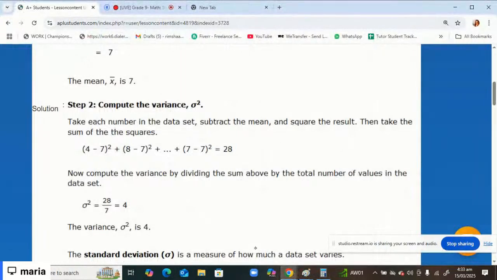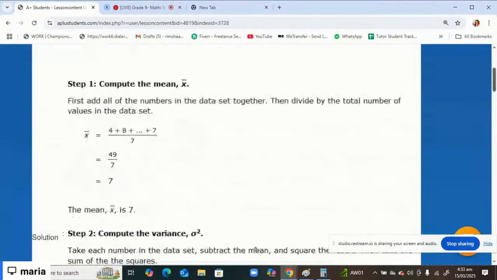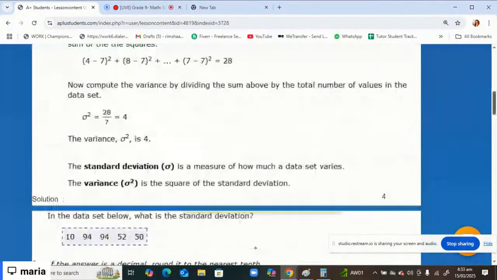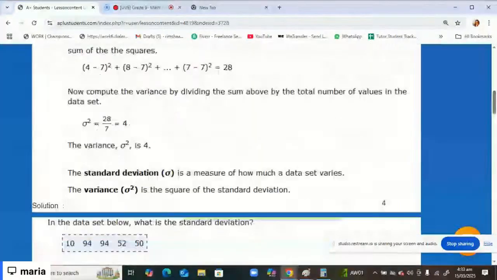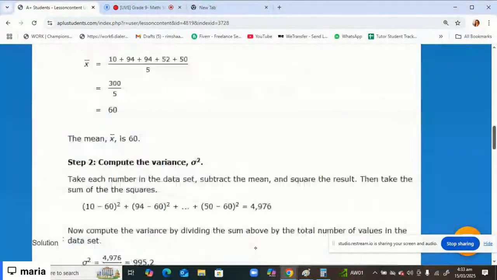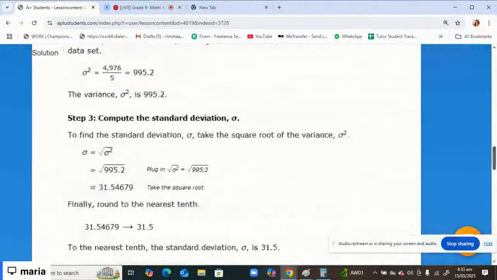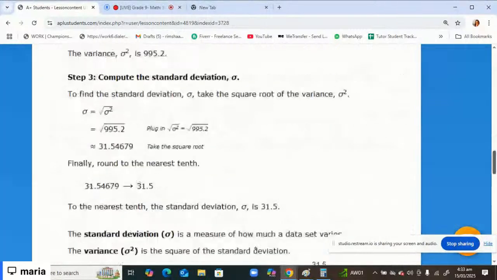So this is your variance. Okay, and what is the standard deviation? For the standard deviation, we just take the square root of the variance. This is basically the standard deviation.